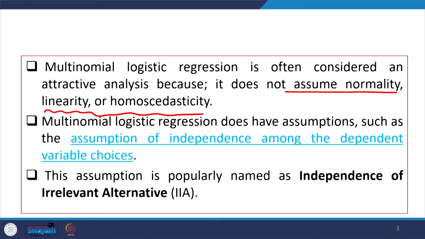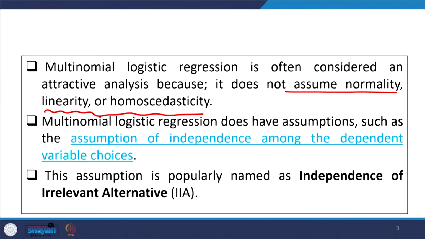This is sometimes referred to in the context of GLM, generalized linear models, where linear regression is not applied. Multinomial logistic regression does have an assumption, the assumption of independence among the dependent variable choices.